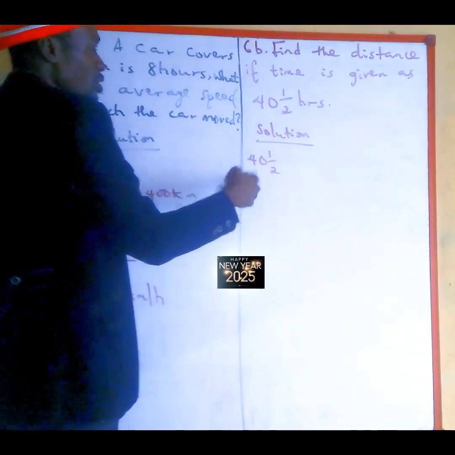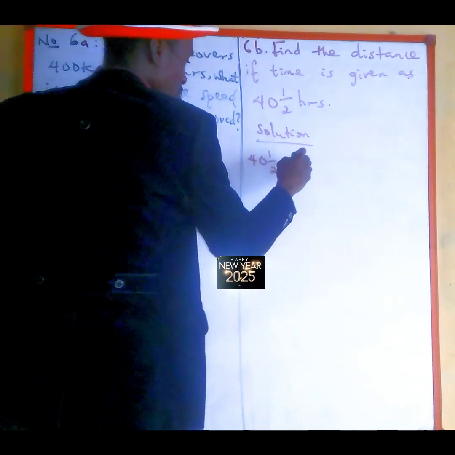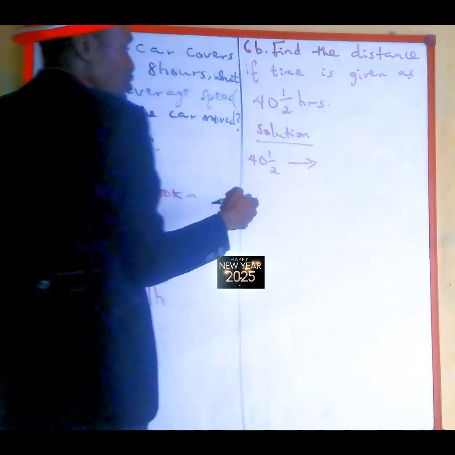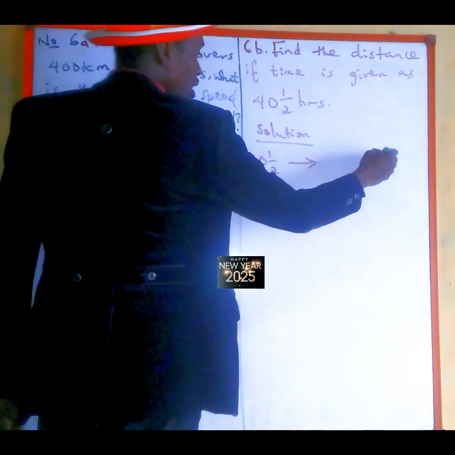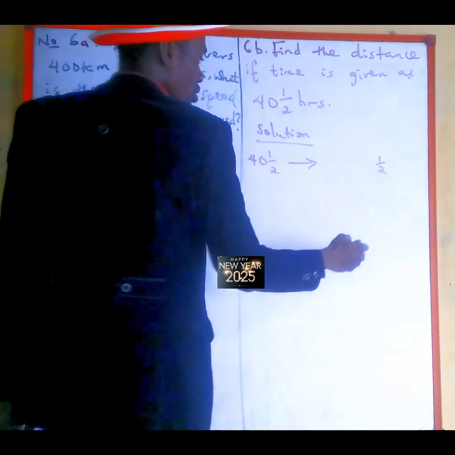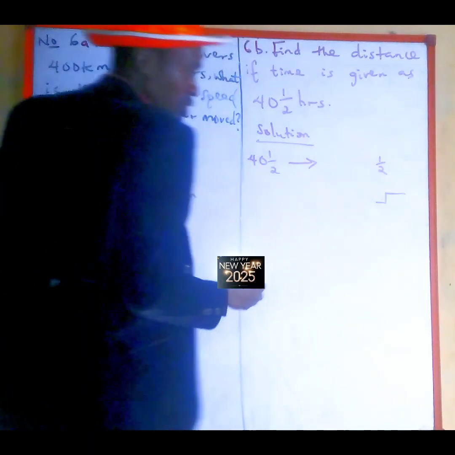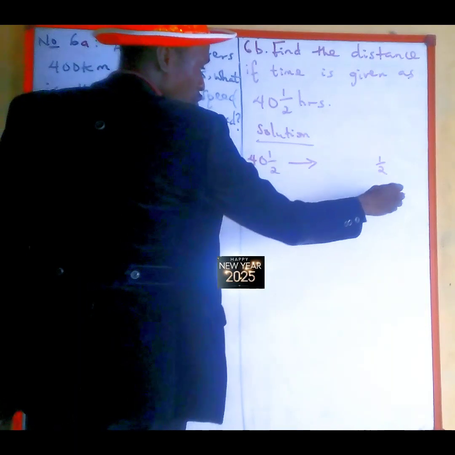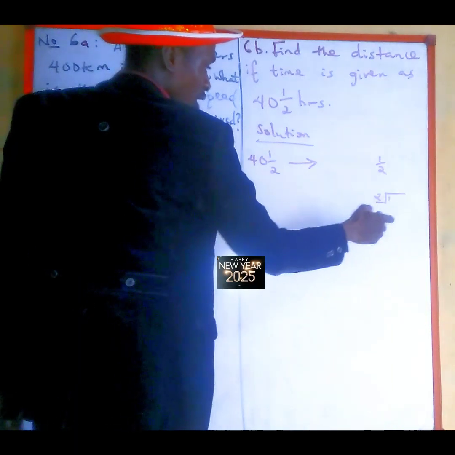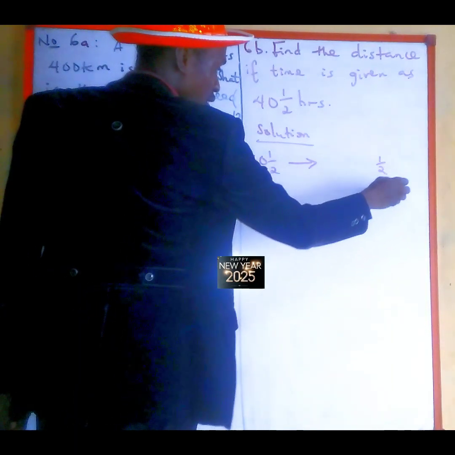40 is already a whole number. Then when I change 1/2 to decimal, like this, 1 divided by 2. With long division, I put it like this. I bring out the 2 and I put 1 here. 2 into 1 cannot go, that's 0.